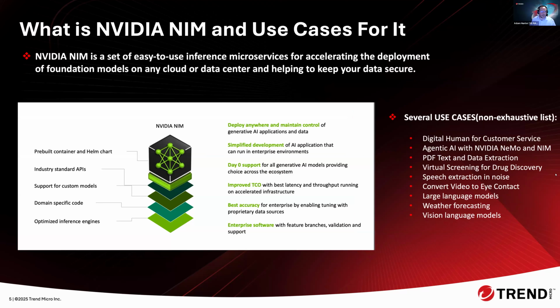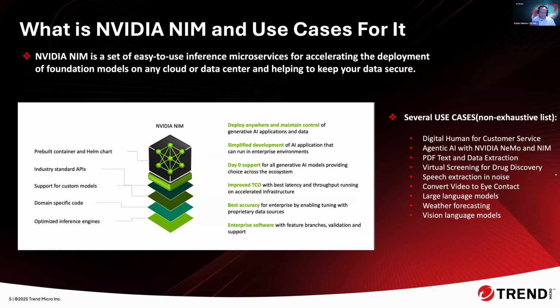So when it comes to AI, you can't really go without mentioning NVIDIA NIM in terms of containers. NVIDIA NIM is basically an easy to use set of inference microservices for accelerating the deployment of foundational models that you can run on any cloud or data center, and it helps you to keep your data secure.